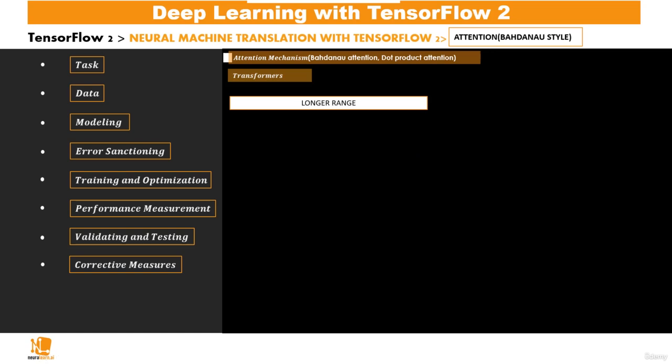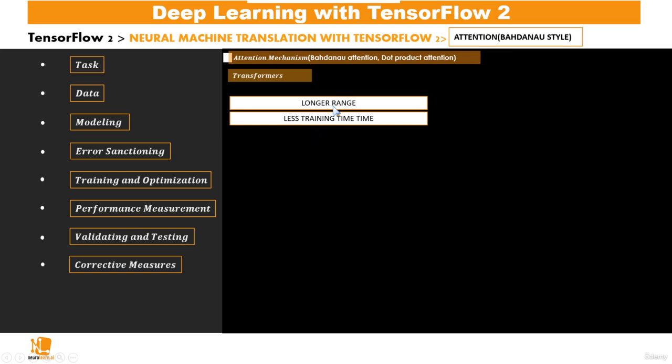Also, if we have a very long input sentence, then the context vector used by the decoder in outputting the words is not going to be good enough to make the best decisions. Now with the attention mechanism, that problem is solved.